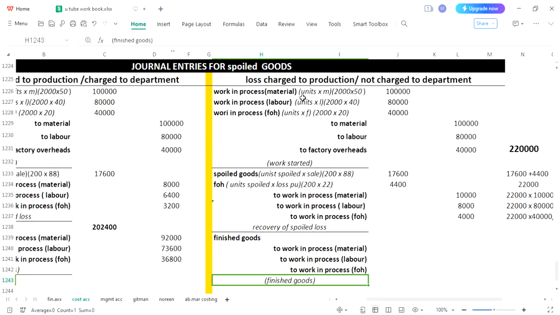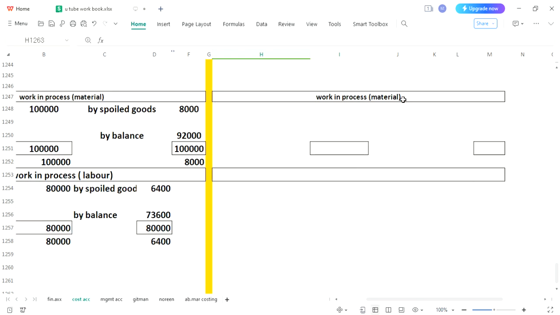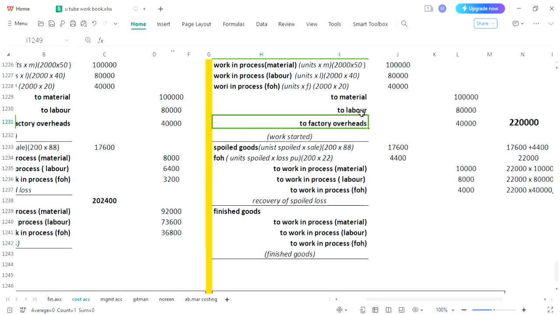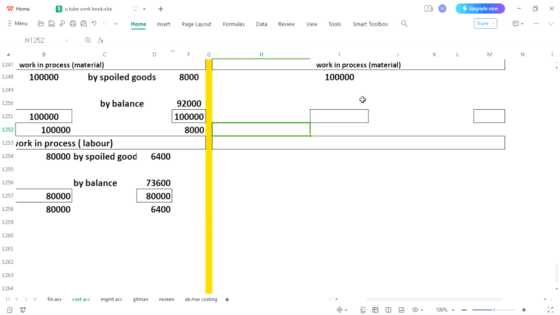Since we are making the work in process material ledger, the first amount is 1 lakh. So you will put 1 lakh which was present on debit side, and now you will see the reference. Whatever is written on the opposite side: 1 lakh is present on debit side, its opposite side is credit, material is written. So you will write to material over here.